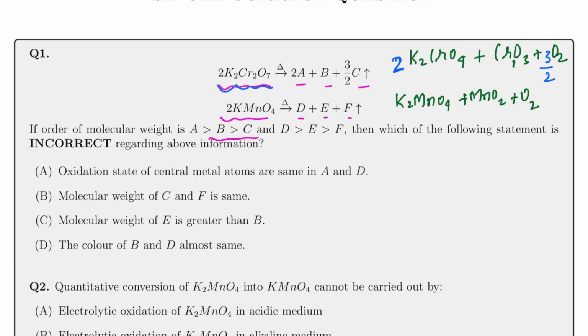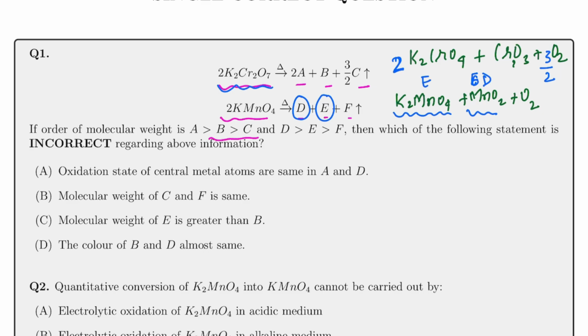But for the second one, you will be finding that K2MnO4 will be there as such, 1 mole, and MnO2 is also 1 mole. So in order to figure it out between D and E, many students will commit a mistake. They will be thinking, why am I not taking MnO2 as D and K2MnO4 as E?